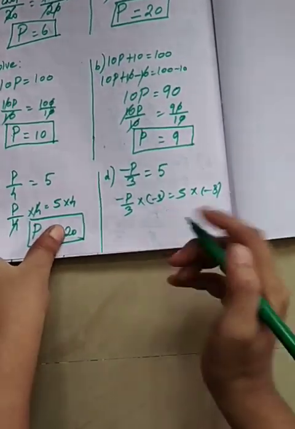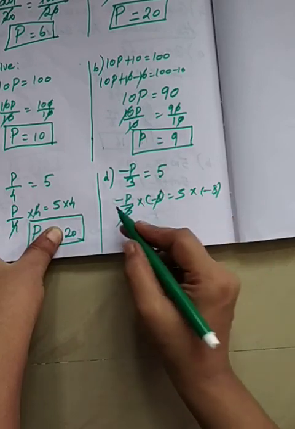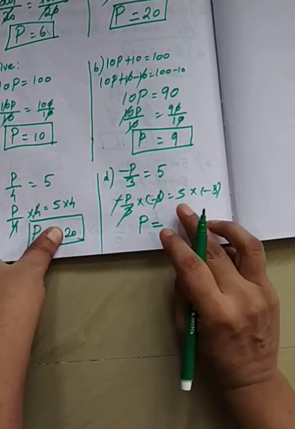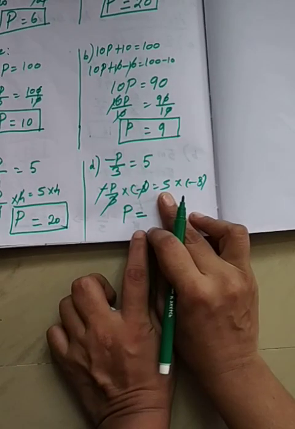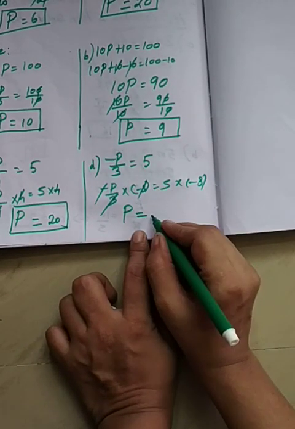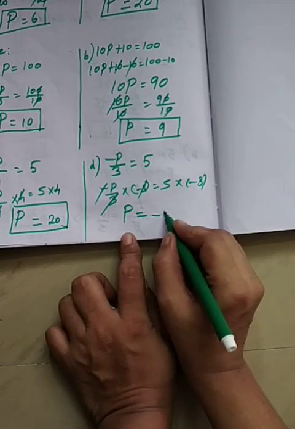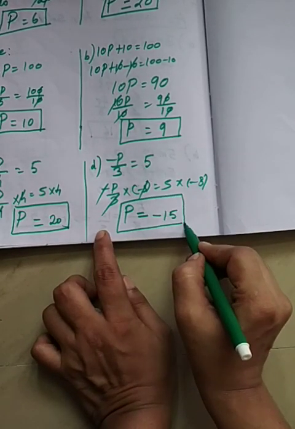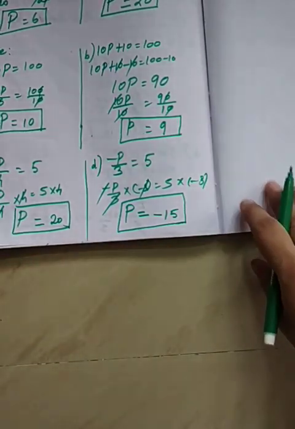Now see here, minus 3 cancel, minus also cancels. So on the left hand side you will get p is equal to, first you have to multiply the sign, plus into minus, minus. 5 3s are 15. Now what is the p value? p equal to minus 15.